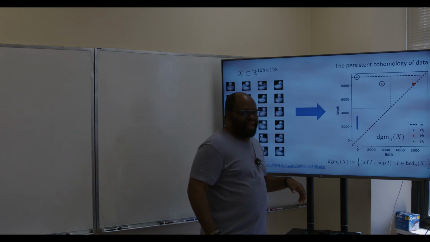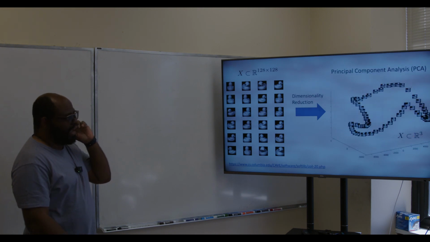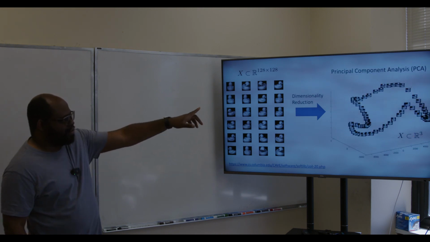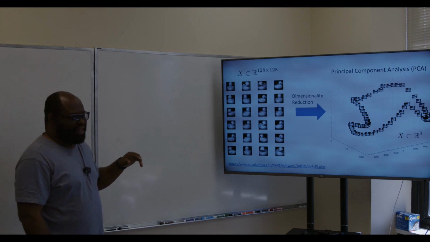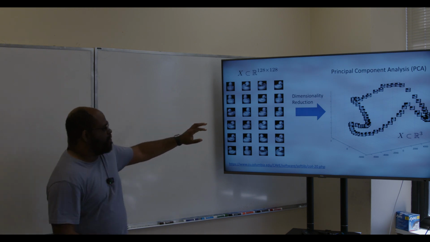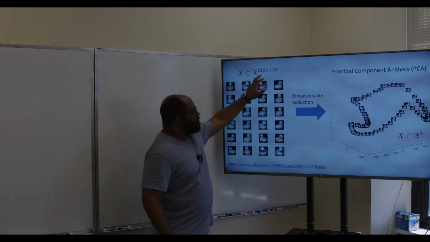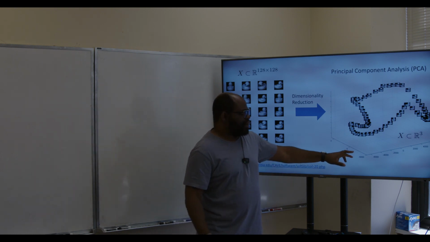If you do a little bit of dimensionality reduction just to check, that's the result of doing principal component analysis on that data set. So what I've done is I just projected the data from this high dimensional space to a well-chosen R3.